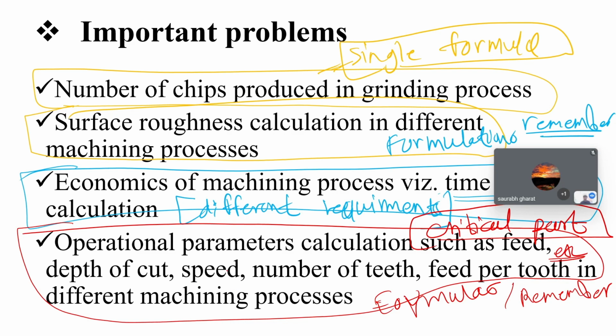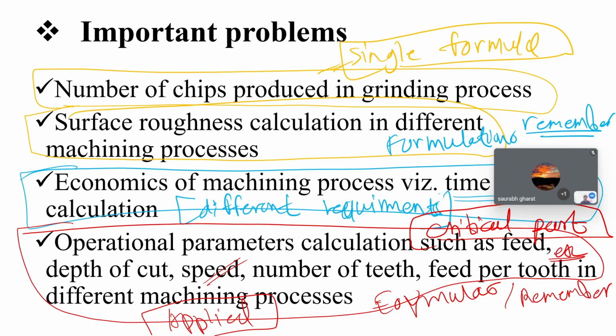So try to be more focused on this formulation part. Mostly this topic is the applied part. You might get this part in the exam, so questions will be applied, and they might ask you this kind of questions. So you must prepare those formulations and remember those formulas to get more marks. The parameters, depth of cut and speed, are also interconnected.